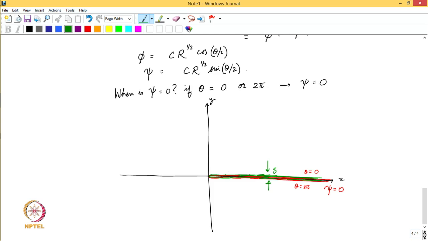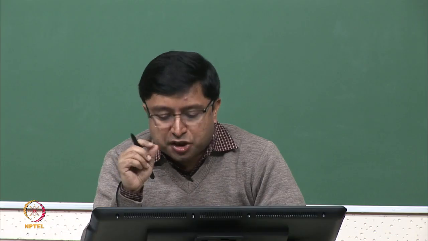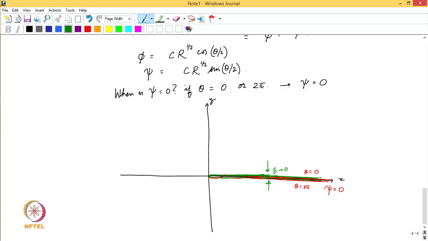It has a very small thickness delta which approaches 0. Okay. So, it is like a very thin plate, maybe a knife edge, all right. And what we are looking for now, as I will show you, is flow around this thin edge. Okay. So, in the limit that delta goes to 0, theta 0 and theta 2 pi are streamlines, or basically are the same streamline of this flow.